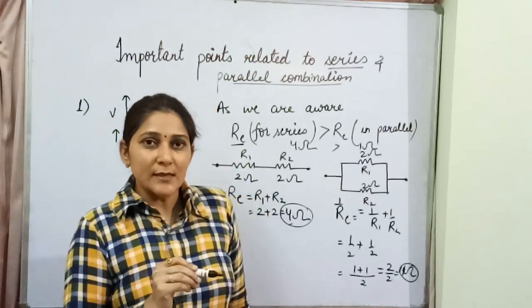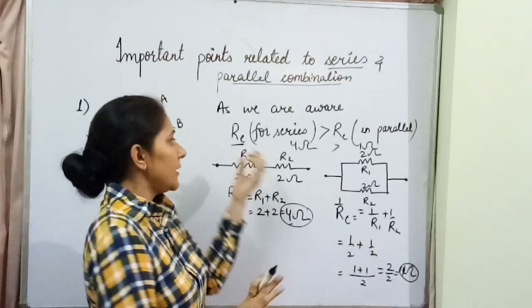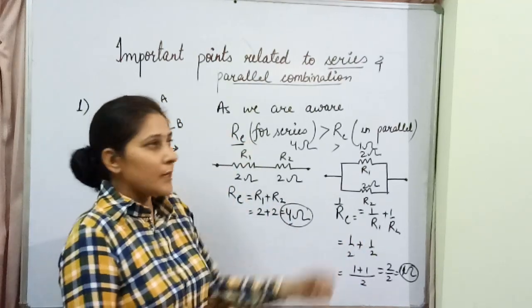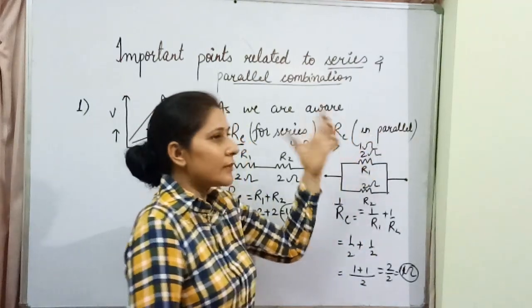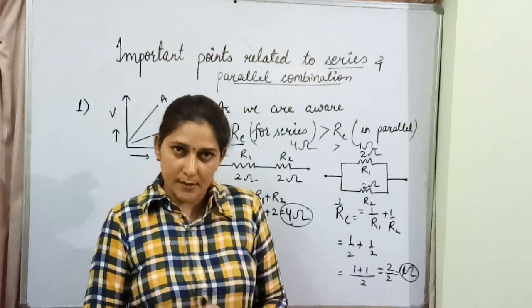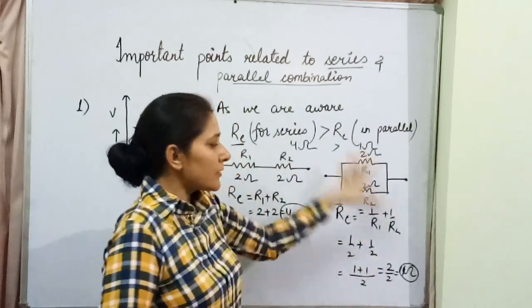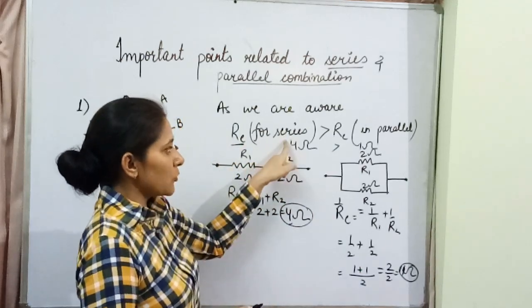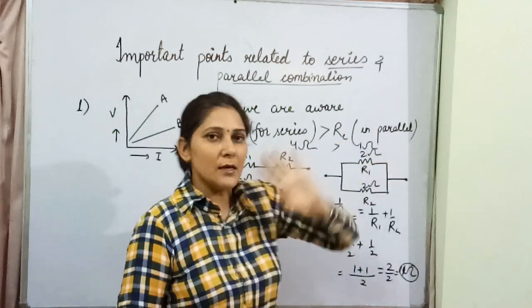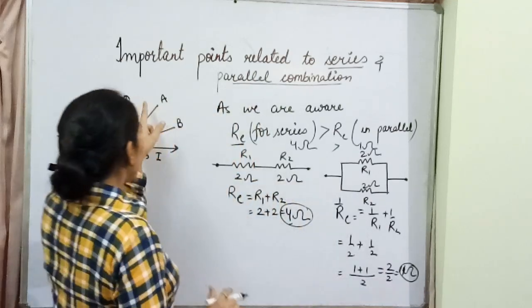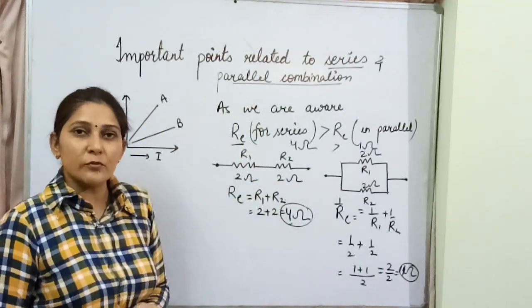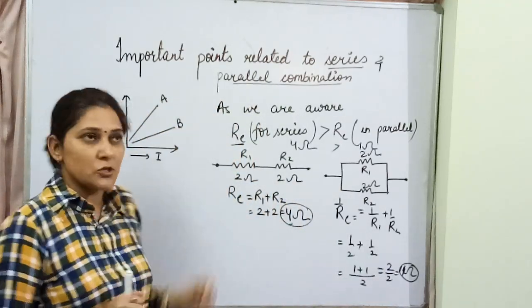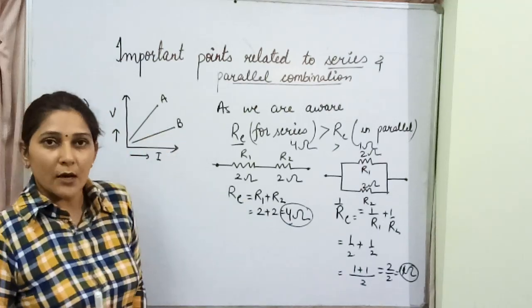So we can say in series combination the equivalent resistance is more. In parallel combination the equivalent resistance is less. From this particular example we can find out that equivalent resistance in series is more, equivalent resistance in parallel is less. So how do we find out which one is connected in series and which one is representing parallel combination from this particular graph?